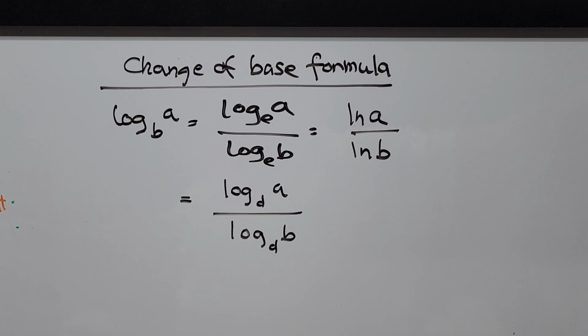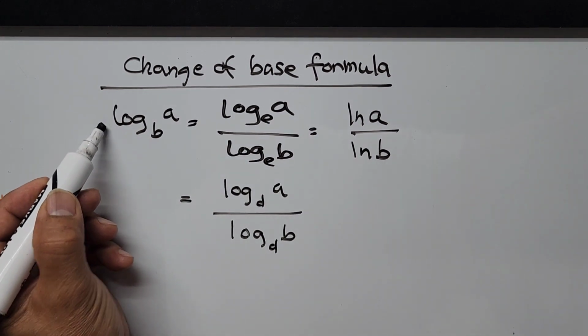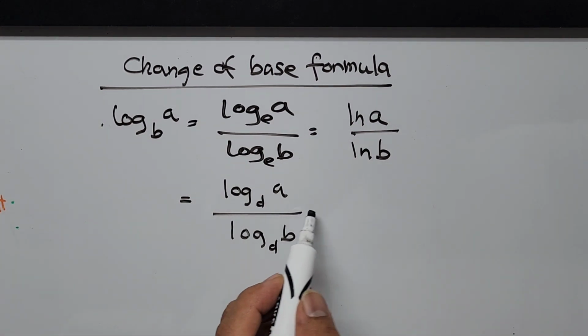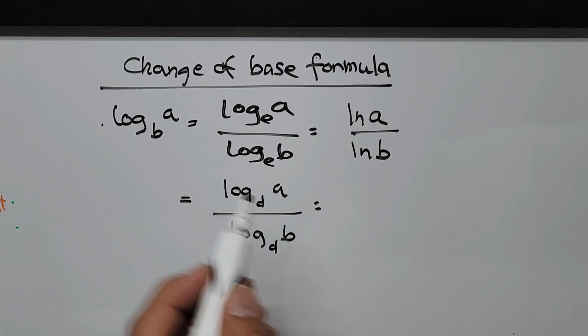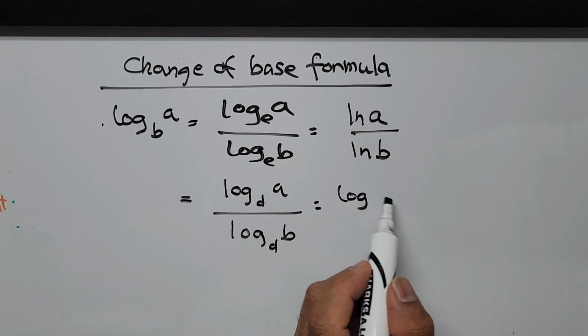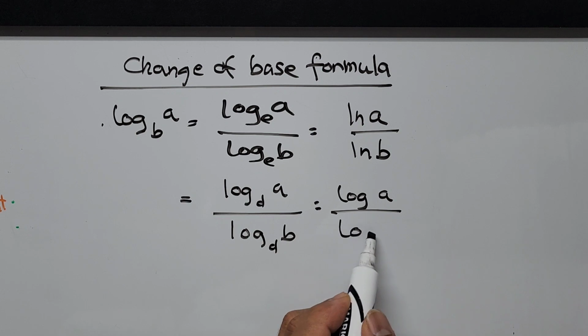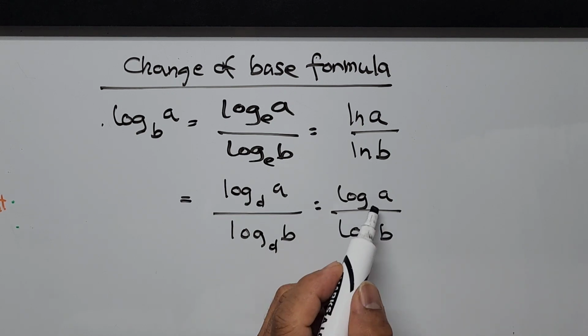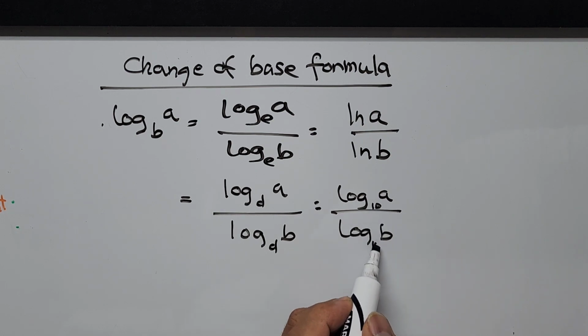In this case, if you would like to solve this in terms of base 10, all you have to do is just rewrite this as log of a divided by log of b, and this must be base 10. So you can use a calculator to solve this.